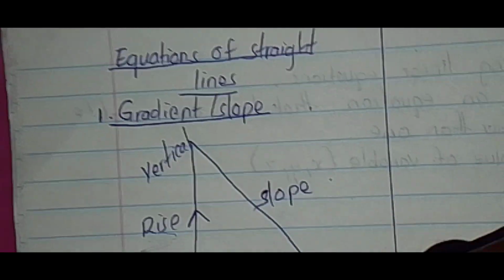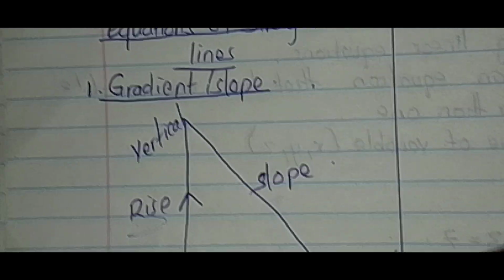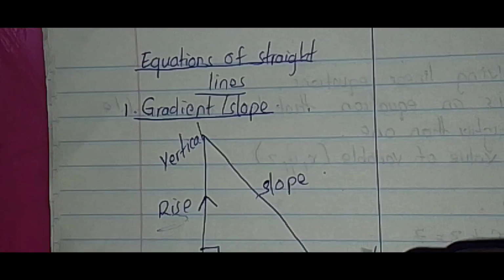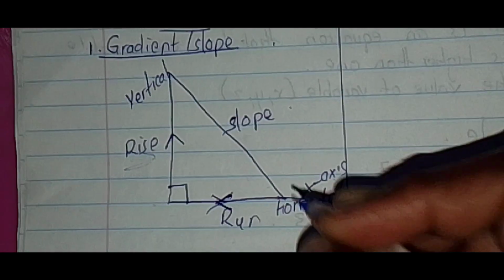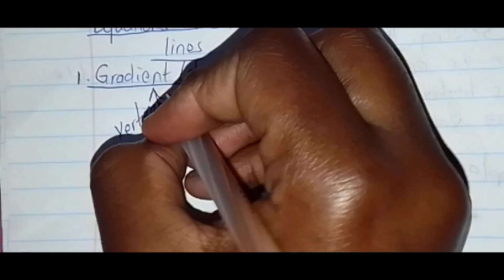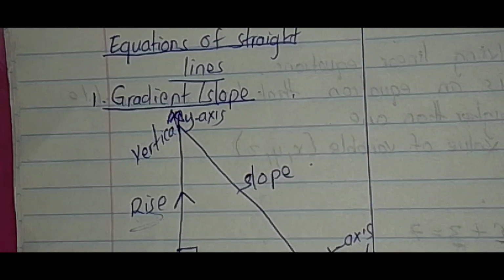Hope you know that. Here is the vertical, while here is the horizontal. This is the x-axis in a Cartesian plane, while this is the y-axis.